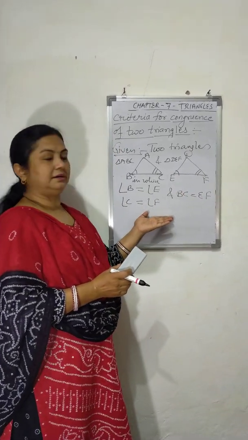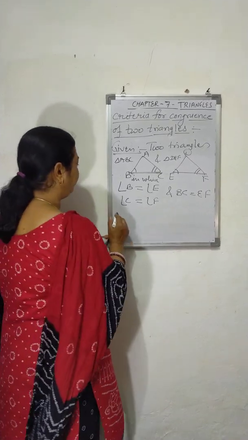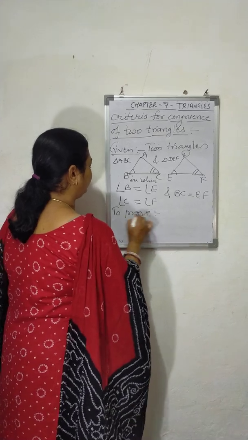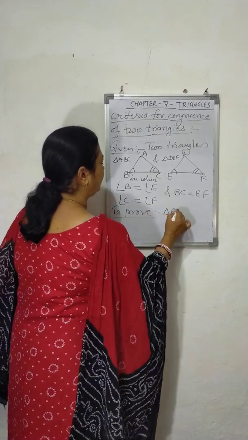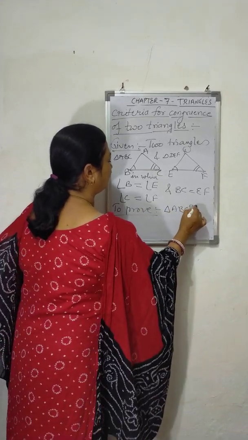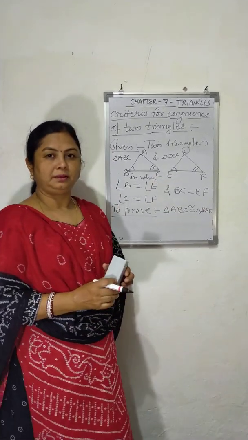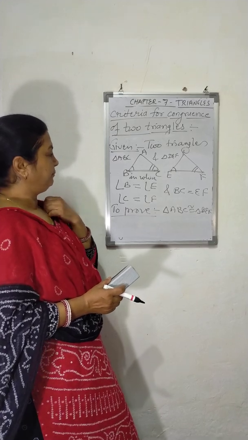So this is the given condition in the theorem, and what we need to prove is that triangle ABC is congruent to triangle DEF. Now how can we prove this?